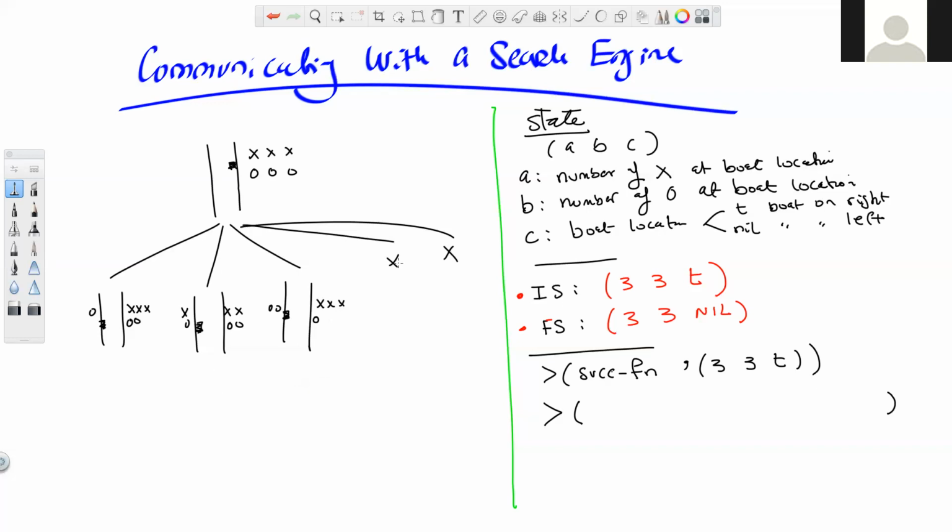Because remember, in this picture, there were a couple of legal states we had to remove. Now, in this case, these were particular actions that led us, I'm avoiding even mentioning this. And this is the state that we started with, that I passed here. This is 3, 3, true. Okay, guys, anybody want to type the answer? What should the successor function give in this particular case?